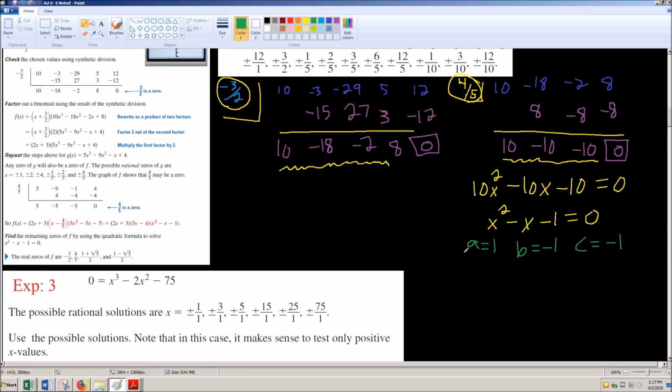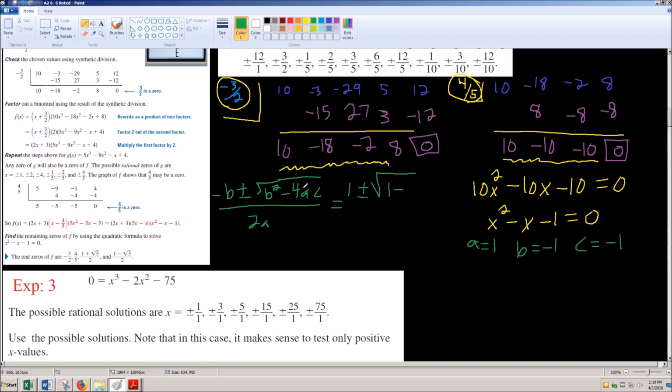So now I'm going to punch this all in to -b plus or minus the square root of b squared minus 4ac, and that's all being divided by 2a. So now as I look at this thing, just plug in some numbers. So the negative with a -1 turns it into 1 plus or minus my -1 squared is just going to give me 1.